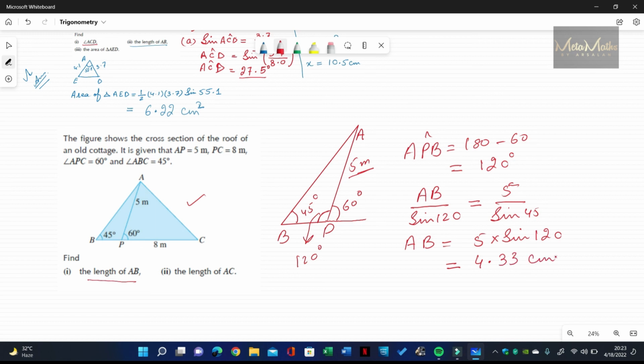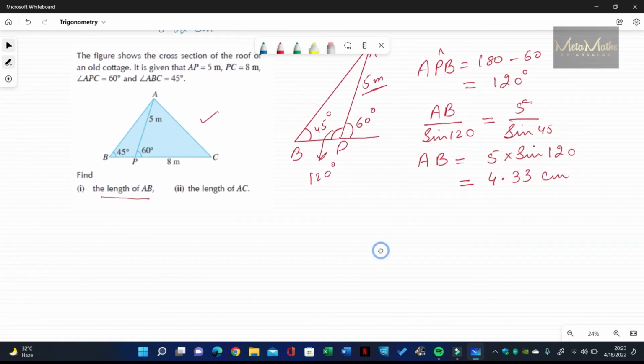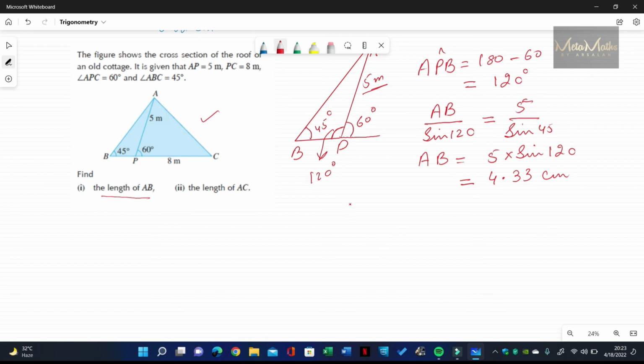And the second thing that you need to find is the length of AC. Now AC is in this bigger triangle, and you see it is included in triangle APC. I will draw this triangle separately to explain.